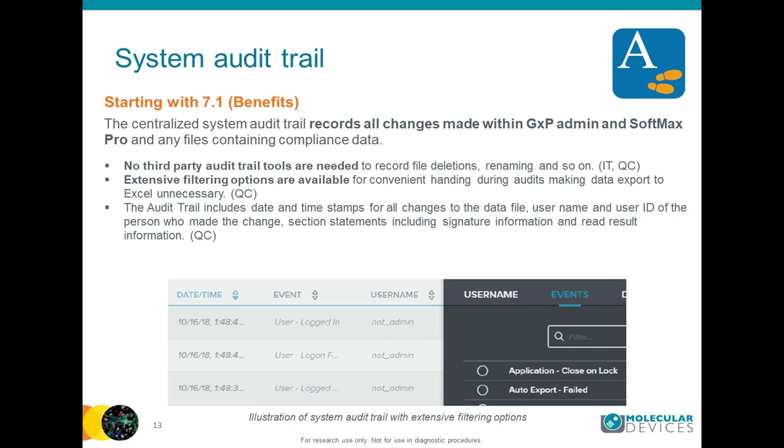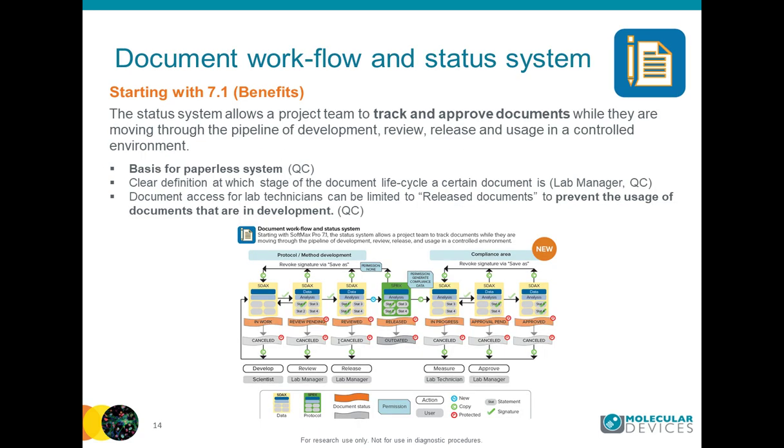The audit trail itself is also stored in the SQL database and is not document-based anymore. So all data goes into the database where it is securely stored from alteration. So you don't need any more third-party tools. To keep the overview, we have extensive filtering options, so you can filter by event, by user, by time, and by document.